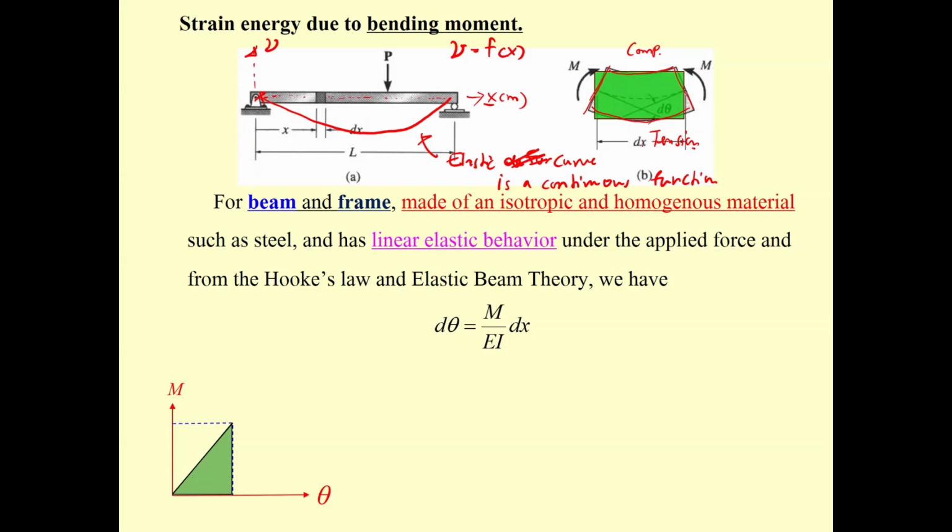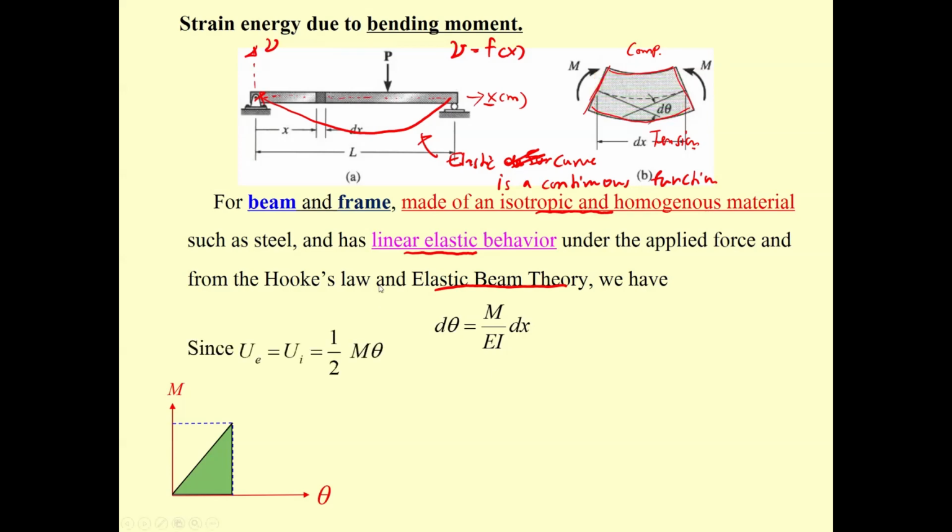Now we have the elastic beam theory. This is for a beam with linear elastic behavior, and also made of steel or aluminum, which is an example of an isotropic homogeneous material. Again, come to this equation.